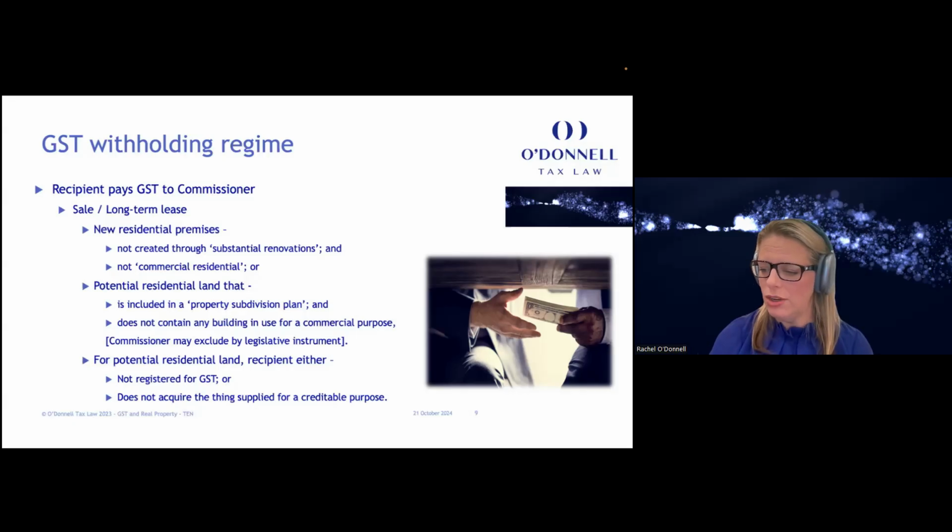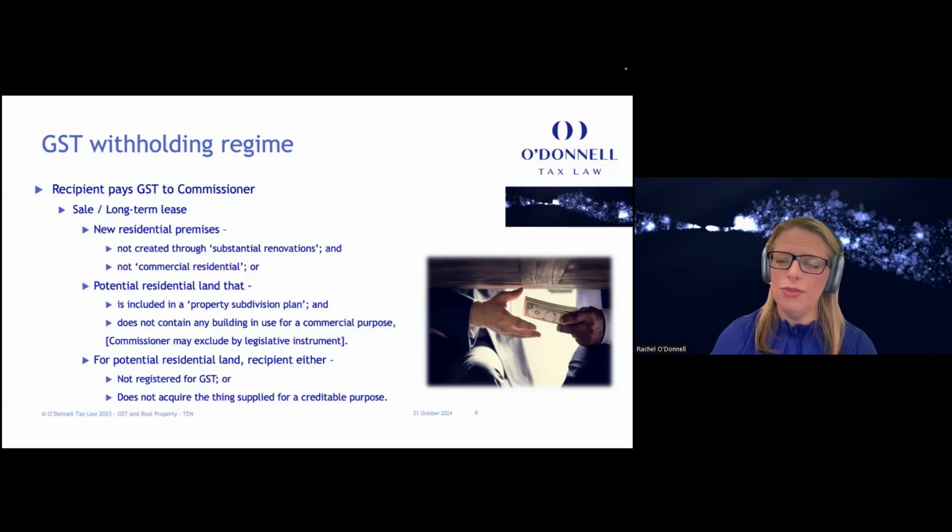So potential residential land that is included in a property subdivision plan. So that's a plan for the division of real property that is registered, however described under Australian legislation, and that does not contain any building in use for a commercial purpose. And the Commissioner also has a power to exclude certain things by legislative instrument.